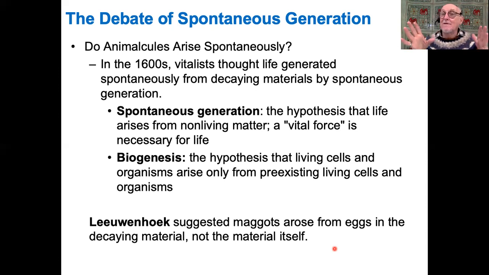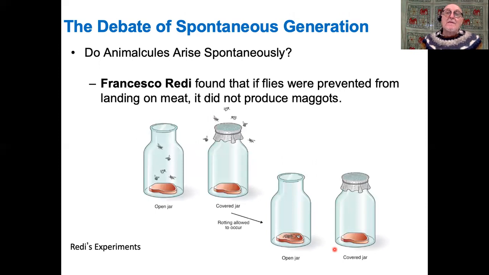This was still not good enough for the spontaneous generation people. One man called Francesco Redi, an Italian, did a simple experiment. He took meat and he put some meat in an open jar, and he put some meat in a jar which he covered with gauze.